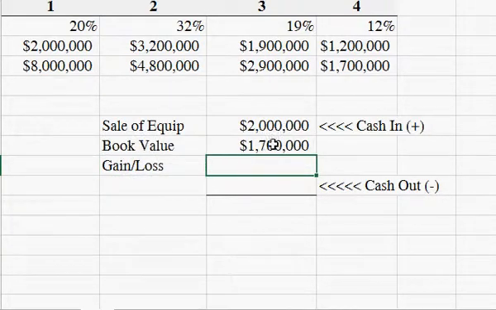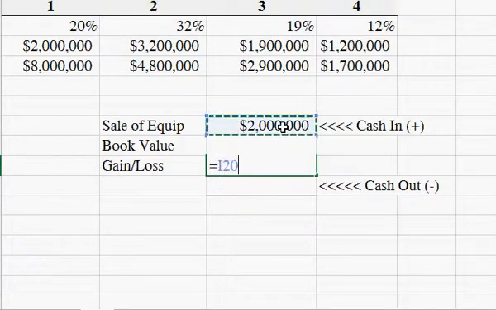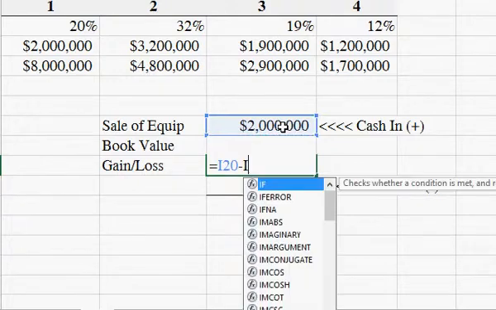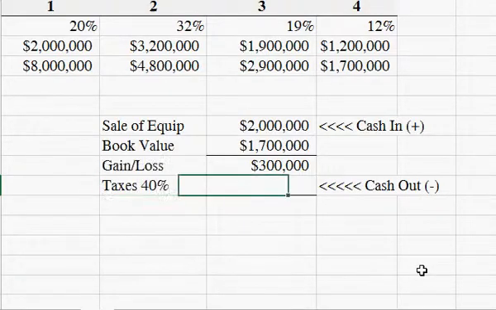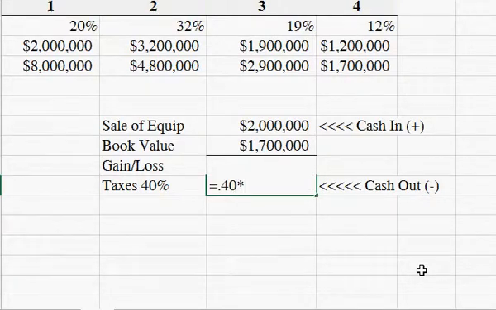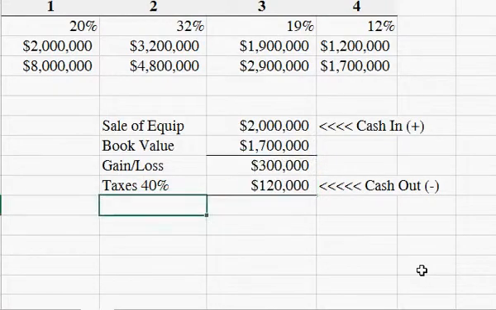So the $2 million minus the book value, and we have a gain of $300,000. That's taxable, so tax is at 40%. So we do 0.40 times the gain, and so we owe taxes of $120,000.